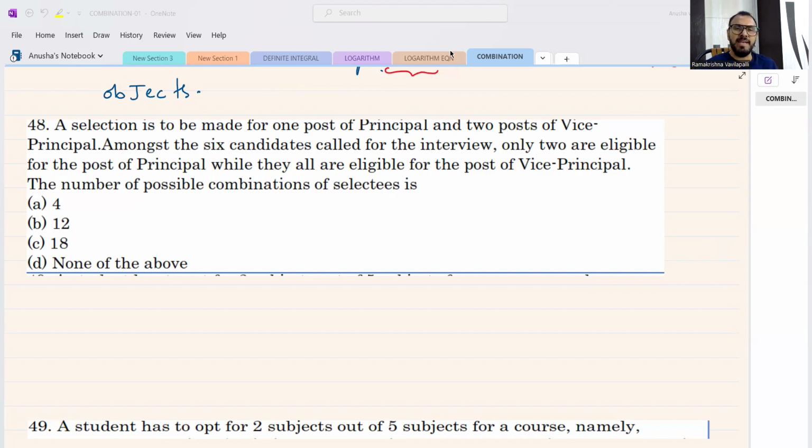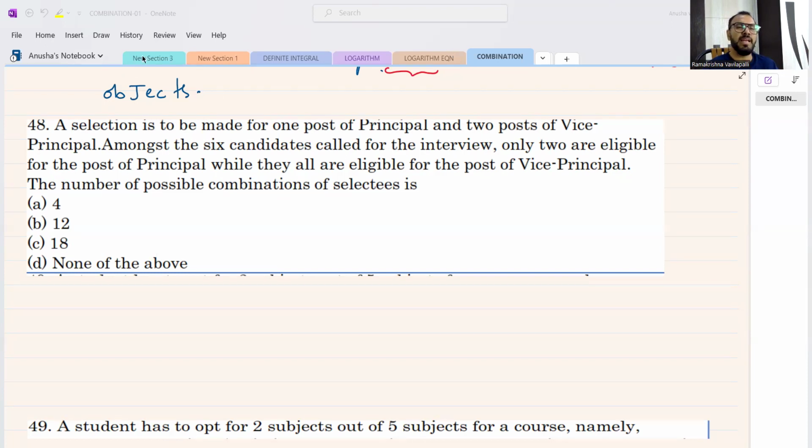Amongst the 6 candidates called for the interview, only 2 are eligible for the post of principal, while they are all eligible for the post of vice principal. Remember, whoever is eligible for principal is also eligible for vice principal. The number of possible combinations of selectees is dash.